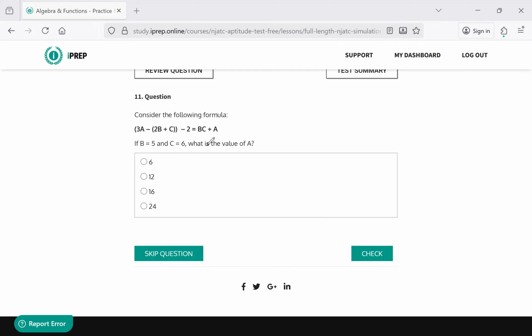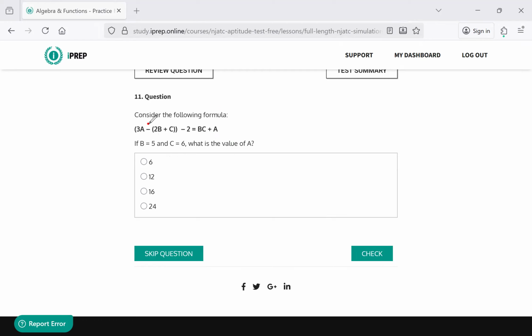Should I plug in my values first and then simplify, or should I just clean it up, then plug in my values? I would definitely just clean it up. The only thing I could clean up right now is this parentheses, right? 2b plus c minus 2a.